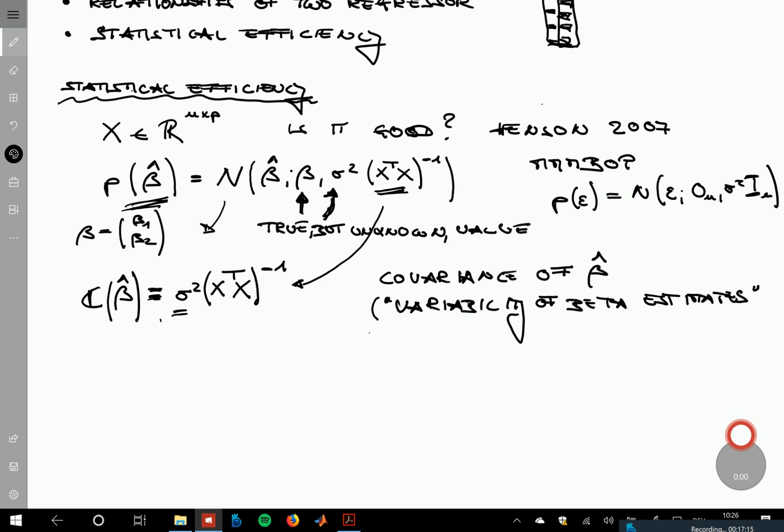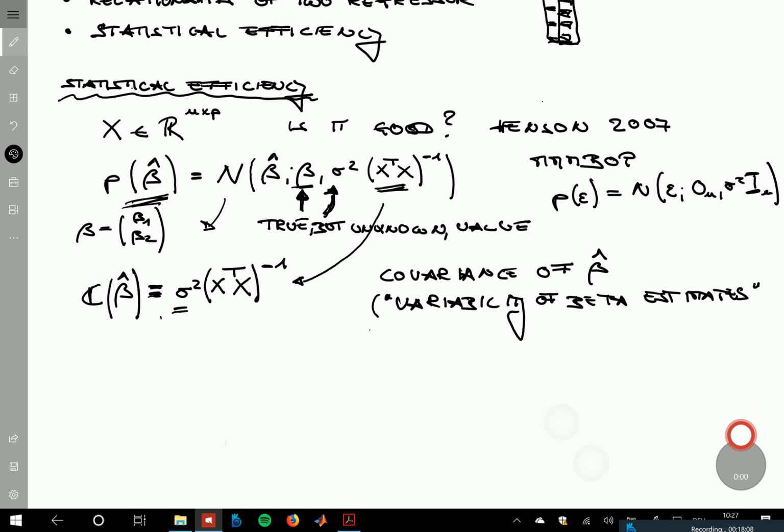So we should try to come up with design matrices that by design have little beta parameter estimate variability, because then if we measure once, it's just one outcome, and of course we don't describe the entire distribution that we could potentially get, but at least we know that extreme values that are far from the true but unknown value of beta are less likely than if we would use a design that induces high variability of the beta estimates.